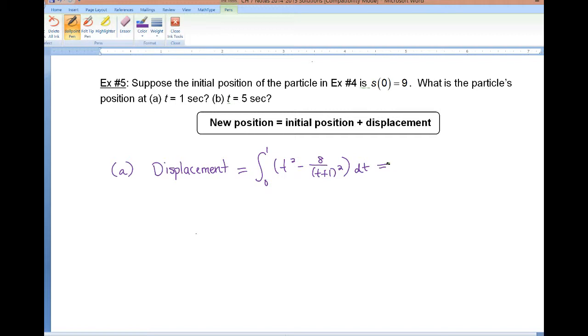The first one is 1 second, and then we'll do 5 seconds. I'll just write it out so you have it: t to the third over 3 plus 8 over t plus 1. And we want to evaluate this from 0 to 1.